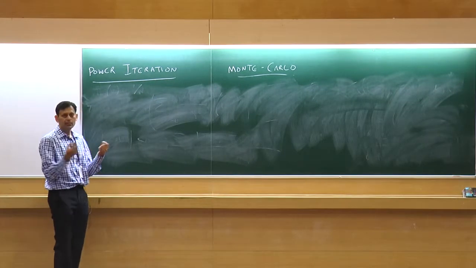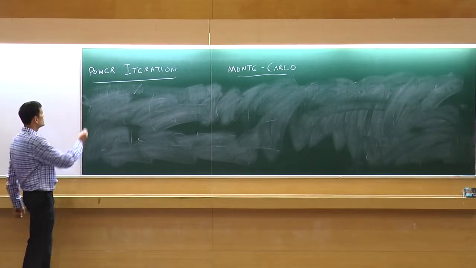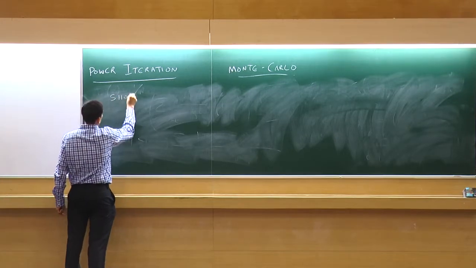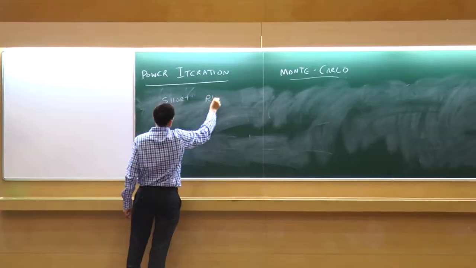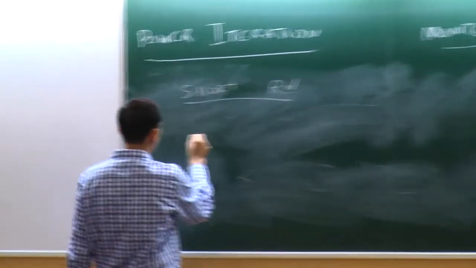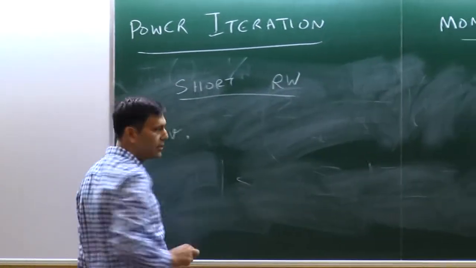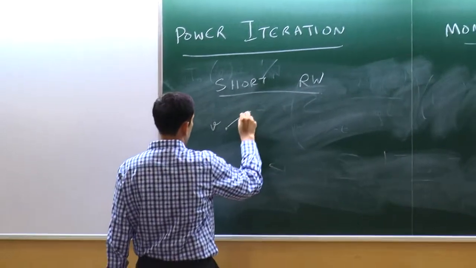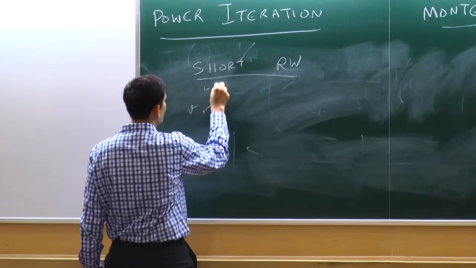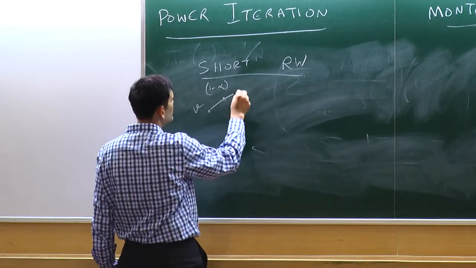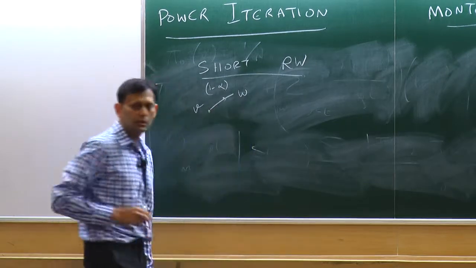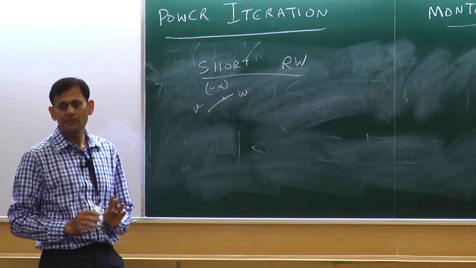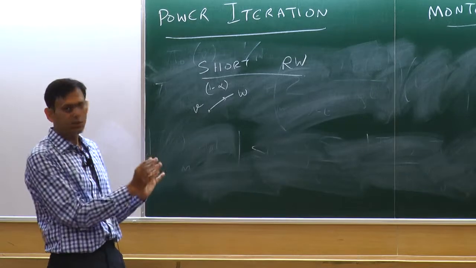You start at a uniformly random node. This is what I would call a short random walk. A short random walk starts at a uniformly chosen random node V. With probability 1 minus alpha, it proceeds to another node W, a uniformly chosen out neighbor of V. With probability alpha, it stops. Okay? And so that's just a short random walk.